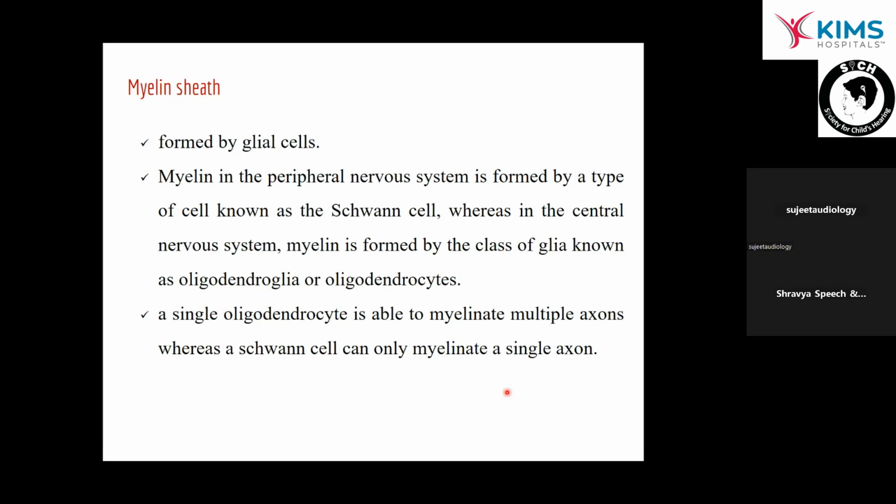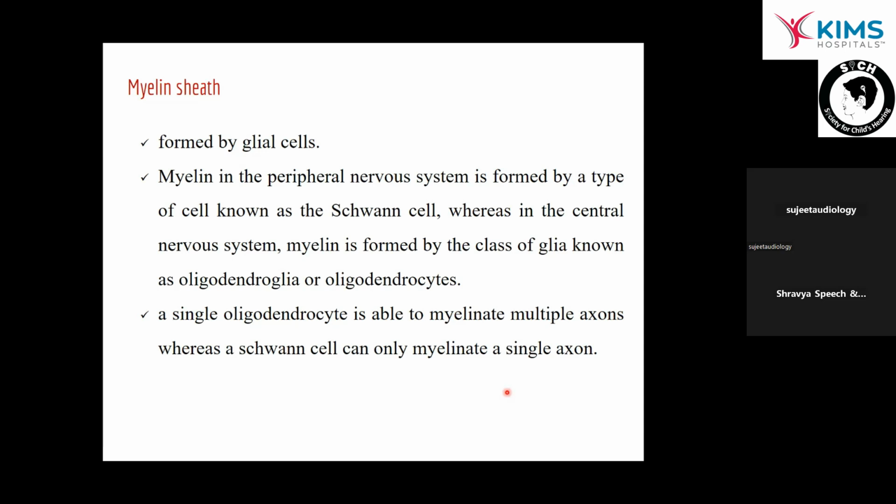Now, for the peripheral neurons, such as the auditory neuron, the auditory neurons are myelinated by Schwann cells, whereas the neurons at higher levels such as the cochlear nucleus, SOC, lateral lemniscus, or higher up are all myelinated by oligodendroglial cells, or oligodendrocytes.